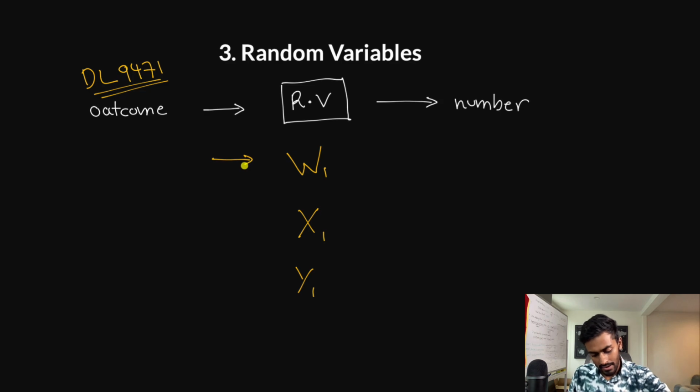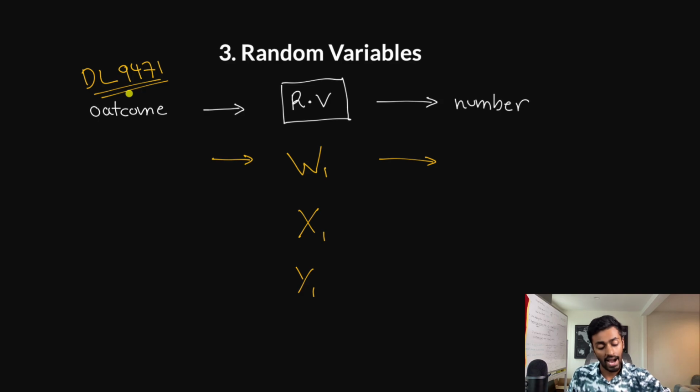Now, because they are random variables, they are functions, and they have an input and output. The input is some outcome. So what did we actually see here? Let's say that W1 represents the first feature that we wanted for our model, which is the percentage of past flight delays for DL9471. And let's say that we measure this and we see there were 57% past flight delays.